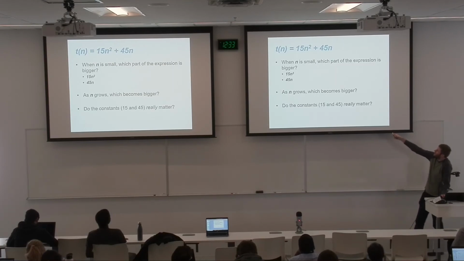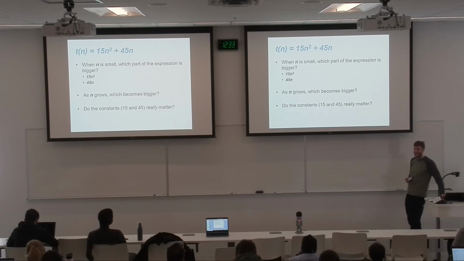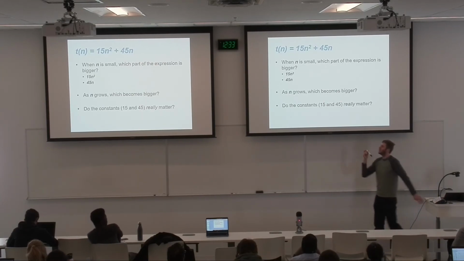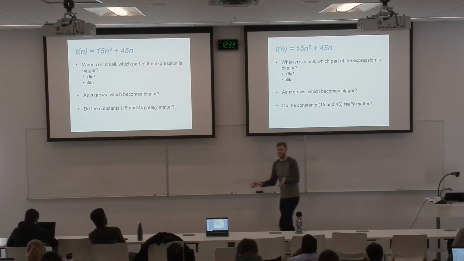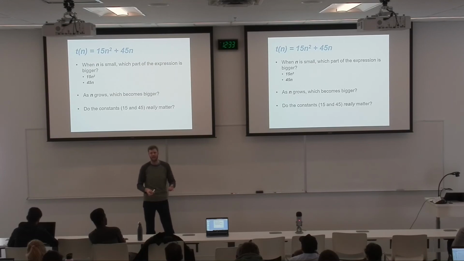So as n grows, the 15n squared is clearly going to become more important. And at the end of the day, we really don't care about those constants. Because here's the thing. It's a constant. How does a constant change as n increases? It doesn't. It's a constant.